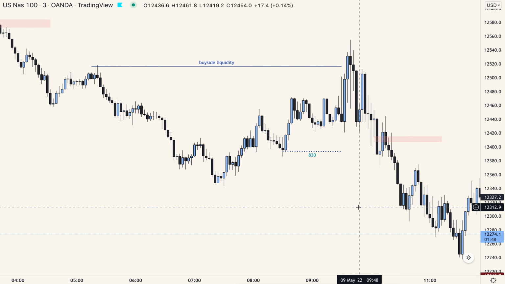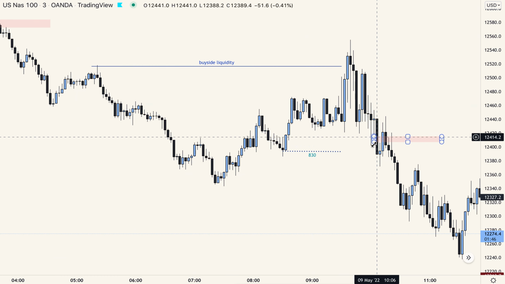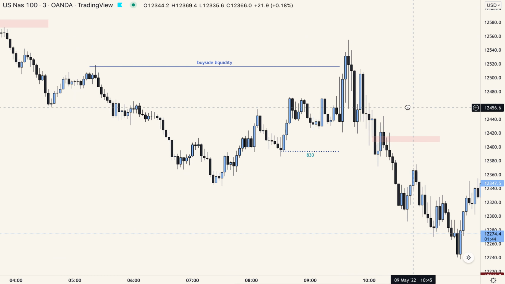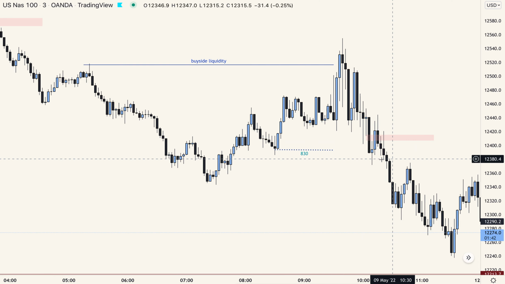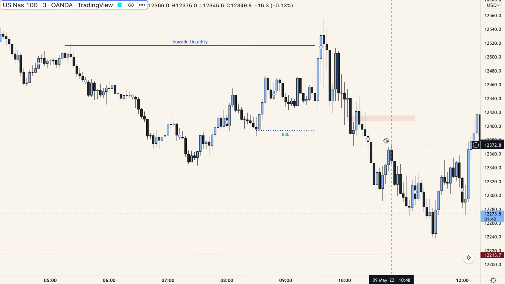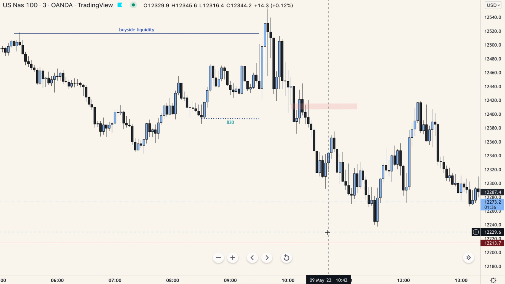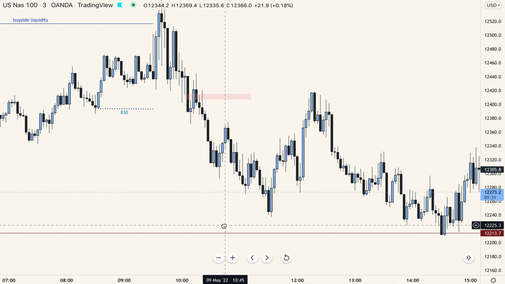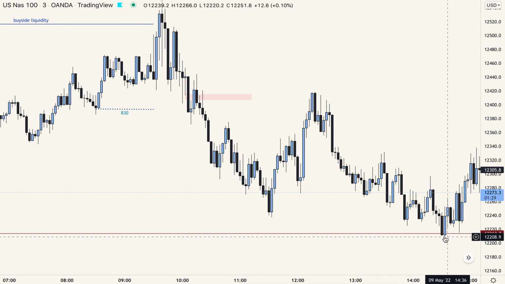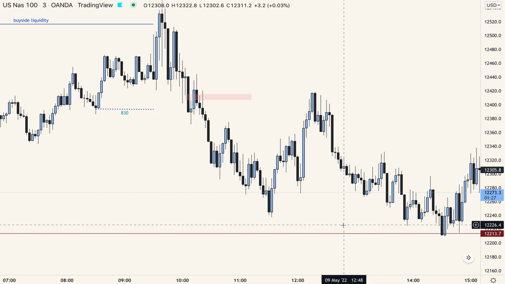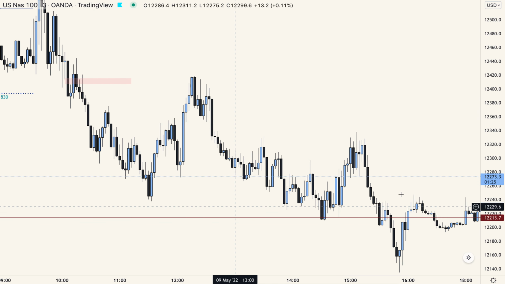So on the 3-minute, you can see that we broke structure and we also left a fair value gap. So you could have taken a trade in here, and you could have targeted the daily sell side liquidity. And as you can see, price traded down and eventually tapped it pretty precisely, and eventually traded down a little bit lower.